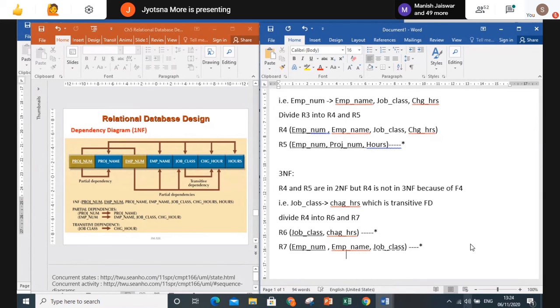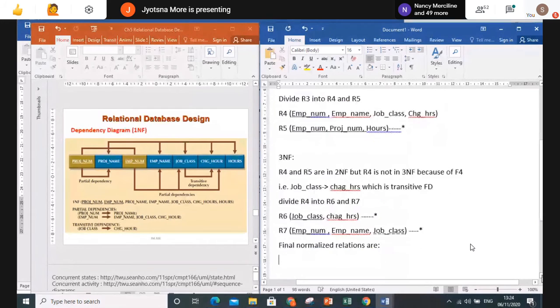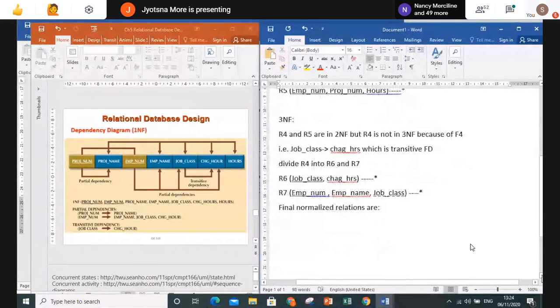So next you write down, therefore, final normalized relations are. Take this as a box or whatever. This is your final answer, which also carries some marks, right?